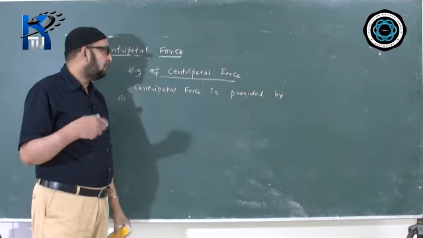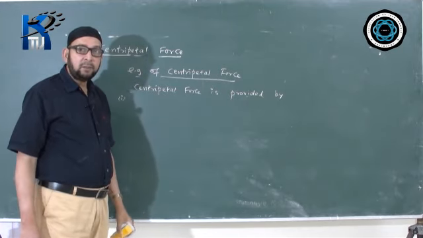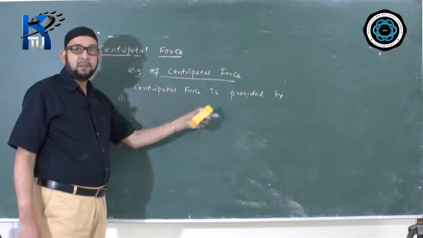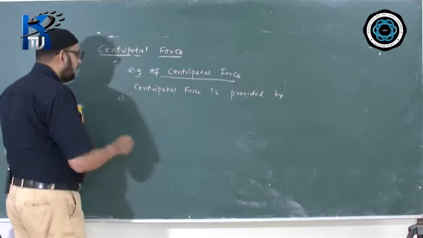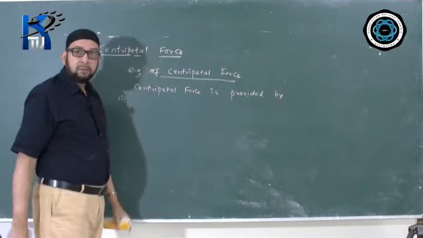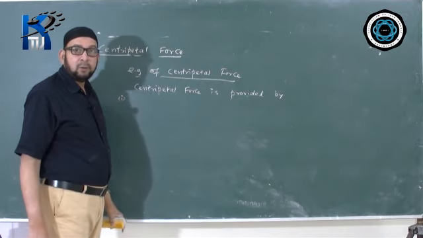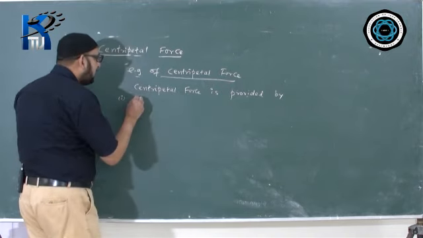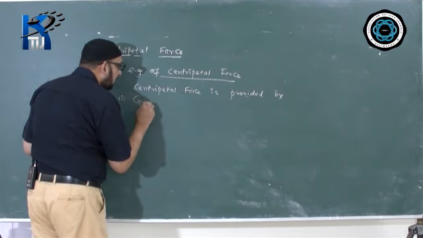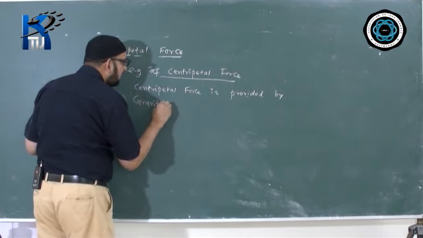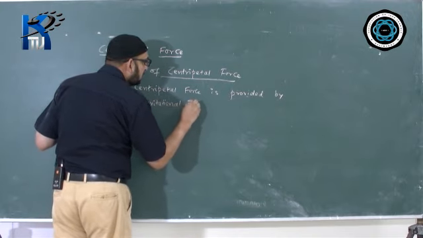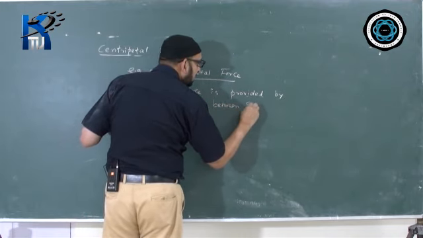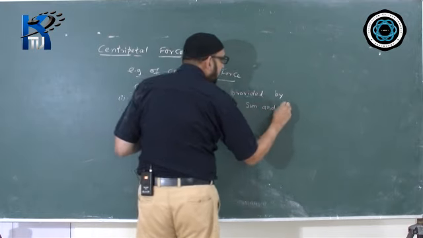Let us find, I gave you many examples of uniform circular motion. Let us check in those circular motions what provides the necessary centripetal force. Planets are revolving around the sun and the motion is UCM or uniform circular motion. So what will provide the necessary centripetal force? That time we say gravitational force between sun and the planet.